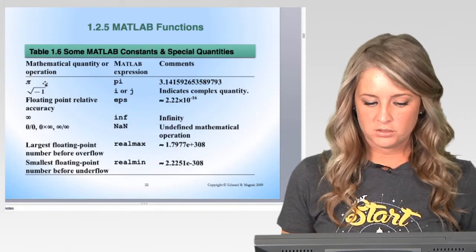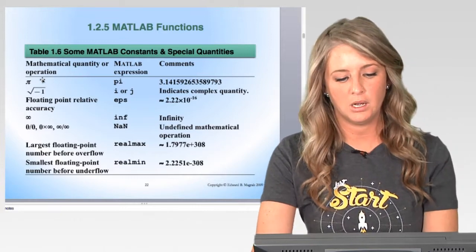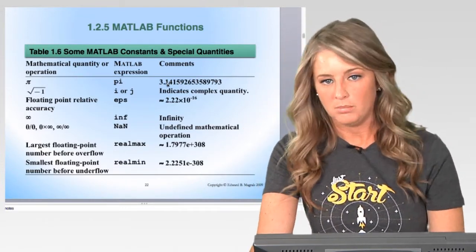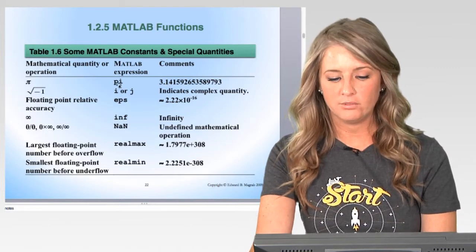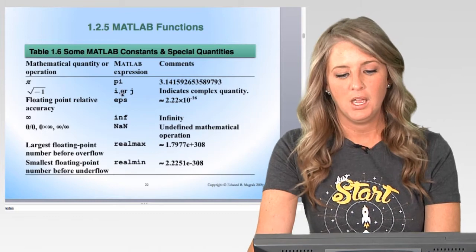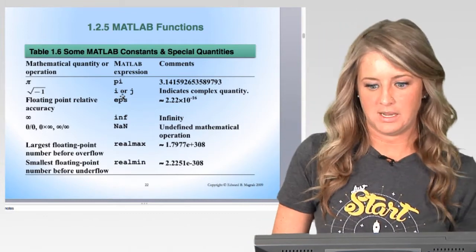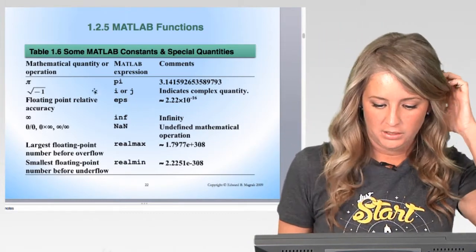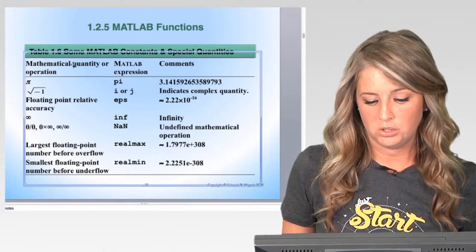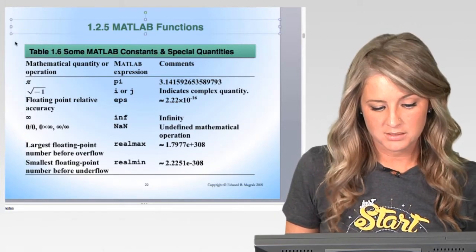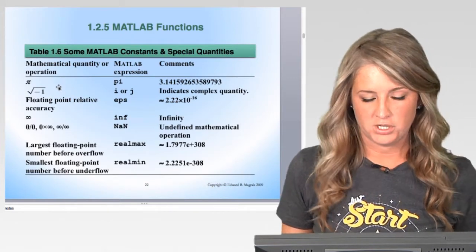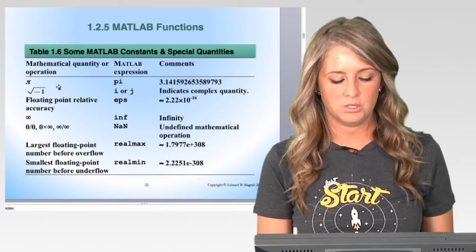Okay, here's some more syntax for you. One thing that's nice about MATLAB is it doesn't make you type out the value for pi every time. You can literally just type the word pi, P-I, and it recognizes that that's 3.14159. You can also use i or j to indicate a complex value, so the square root of -1, i or j, that's typical notation.